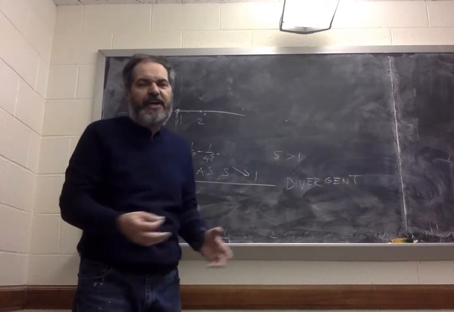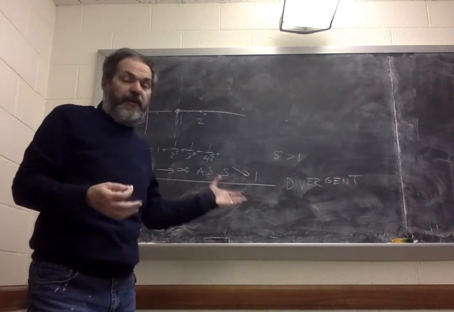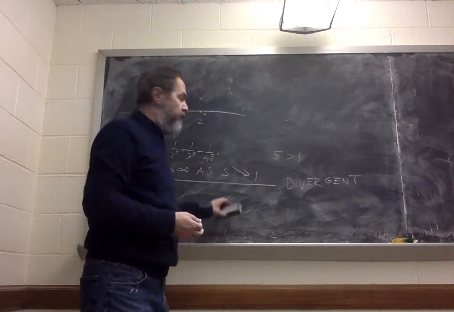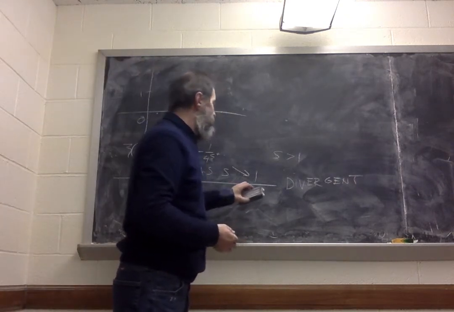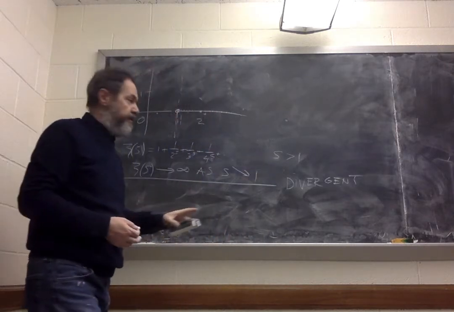So his name is still attached nowadays to this function, the zeta function. Euler product. What he did is the following. He showed that this can be written as a product, as follows.